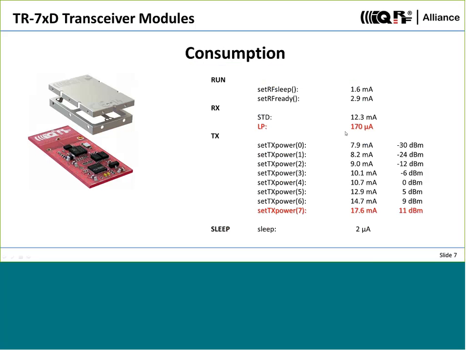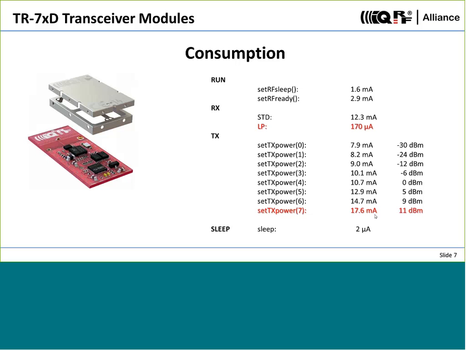Another important thing is that during maximum power when you transmit, we are here on 17.6 milliamps, whereas on the blue modules, we were on 21 milliamps. So you will also save quite a lot of energy on transmitting and on using the module.